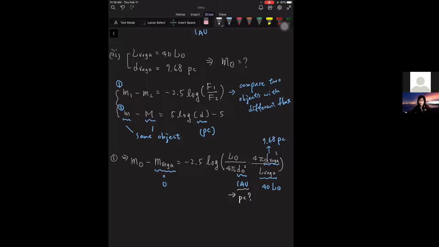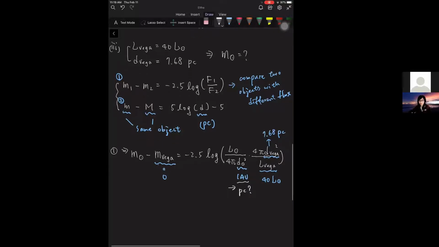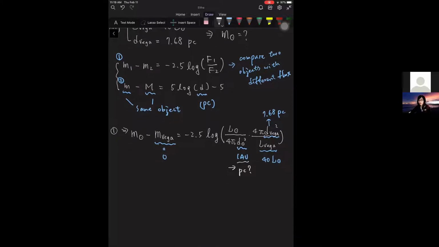I won't calculate the details, but you can verify that from this equation, we would get a solar apparent magnitude of about negative 27. This is already pretty close to the number in your textbook, I think negative 26.8.